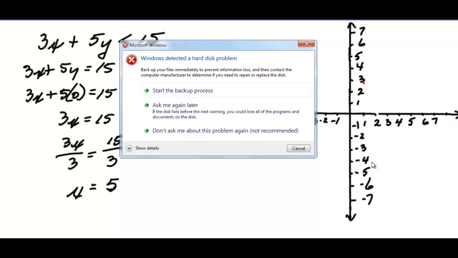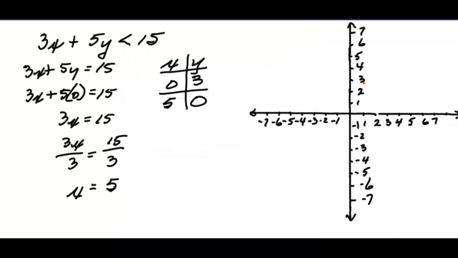So, plotting our points now, x is 0, y is 3, that's right up here. Oops, I want to do that in red. That's right up here in red. And then x is 5 when y is 0, which is right down here.